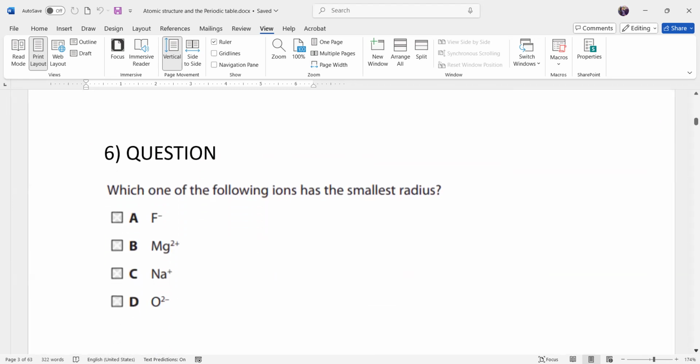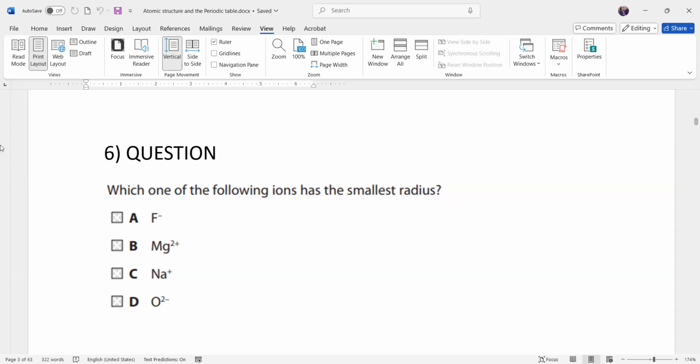Which of the following ions has the smallest radius, or smallest ionic radii? For this, you have to know the proton number.